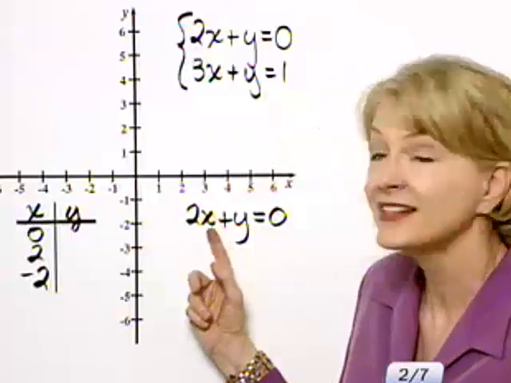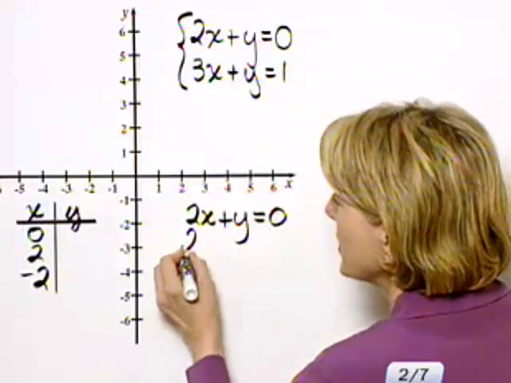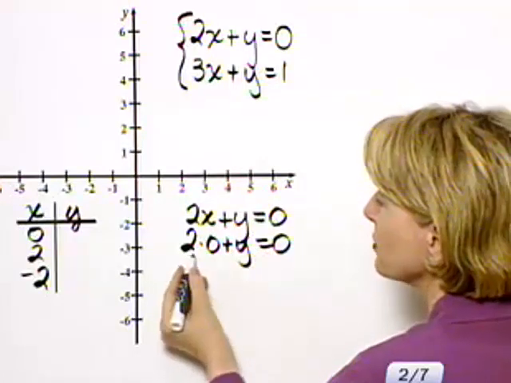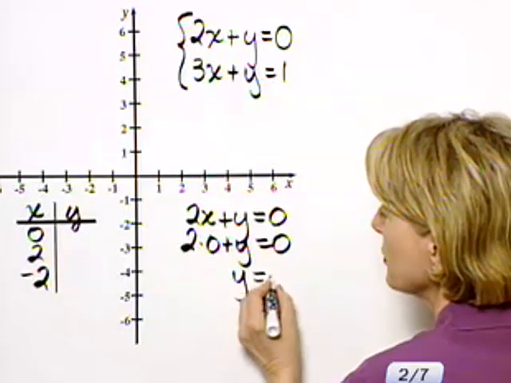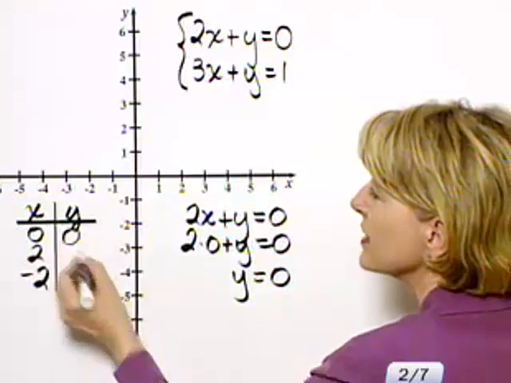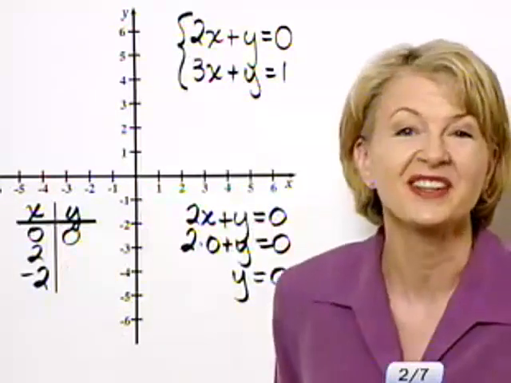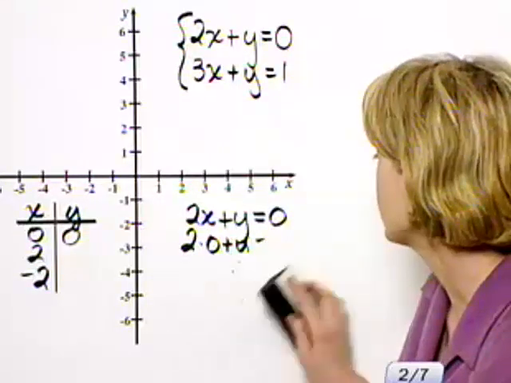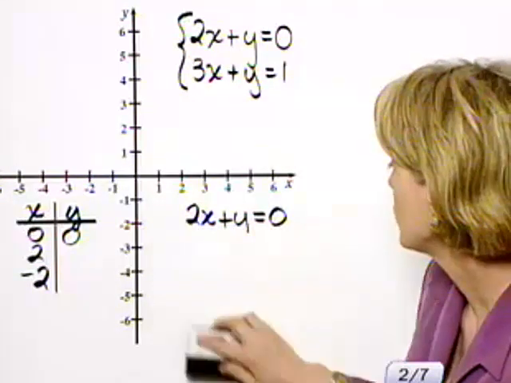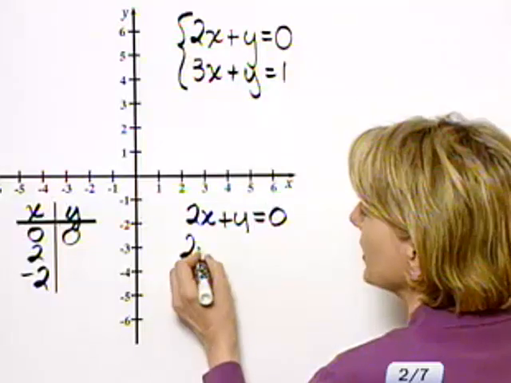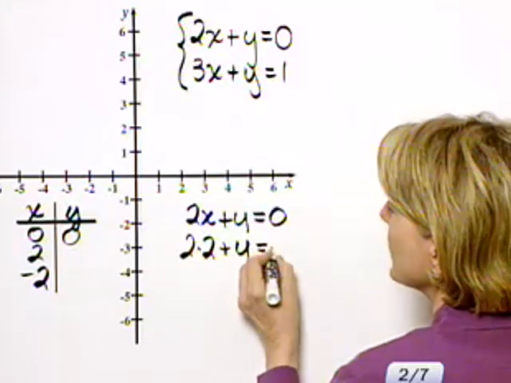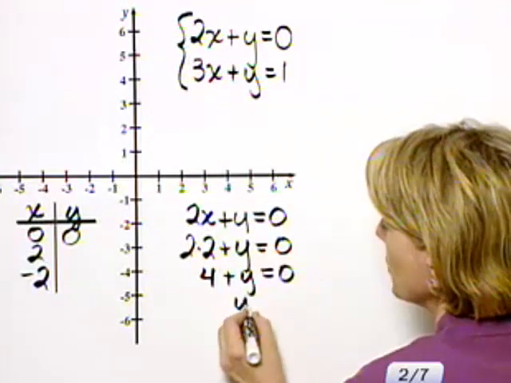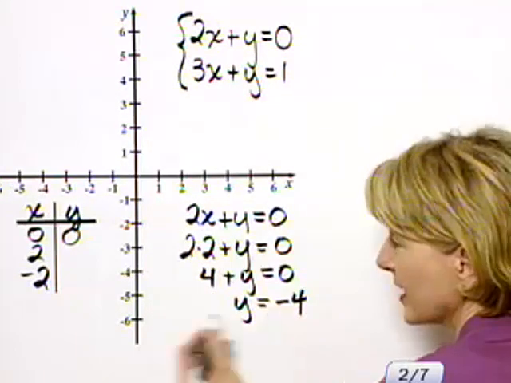If x is 0, we have 2 times 0 plus y is equal to 0. 2 times 0 is 0, so we have y is 0. This is an ordered pair solution of the first equation in our system. What if x is, say, 2? Well, if x is 2, I'll have 2 times 2 plus y is 0, or 4 plus y is 0, or y is negative 4.